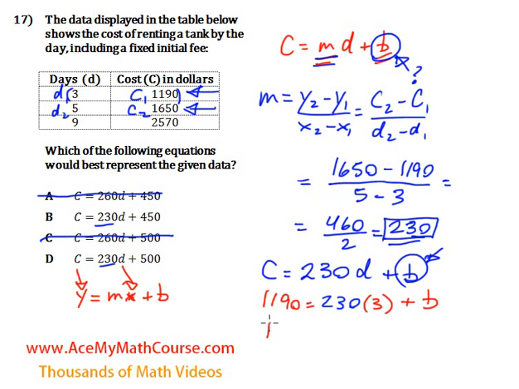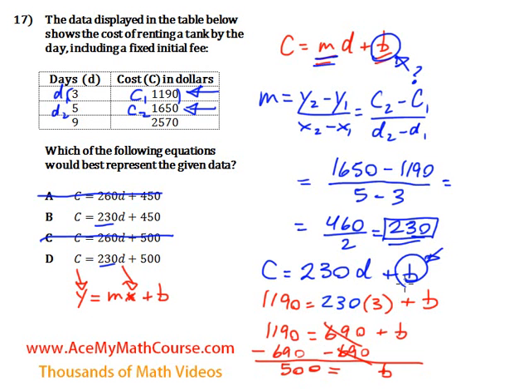So 1190 equals 230 times 3, which is 690, plus b. Then I can just subtract 690 from both sides of the equation. Those cancel out, and b is going to be equivalent to 500.